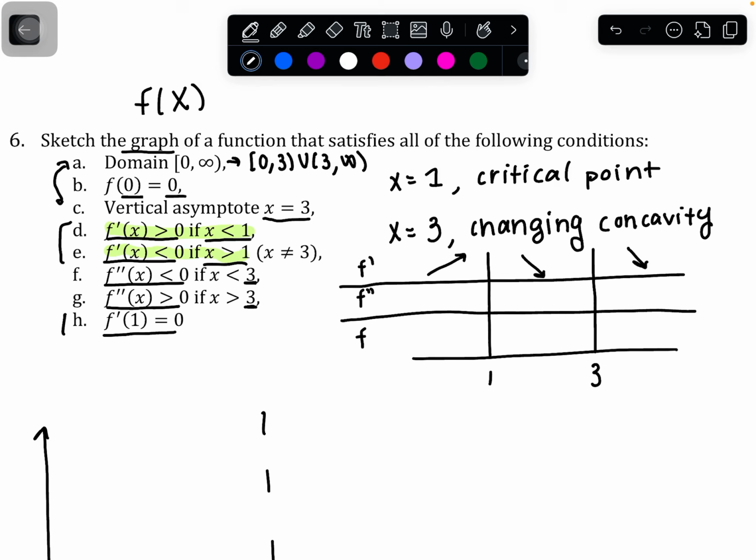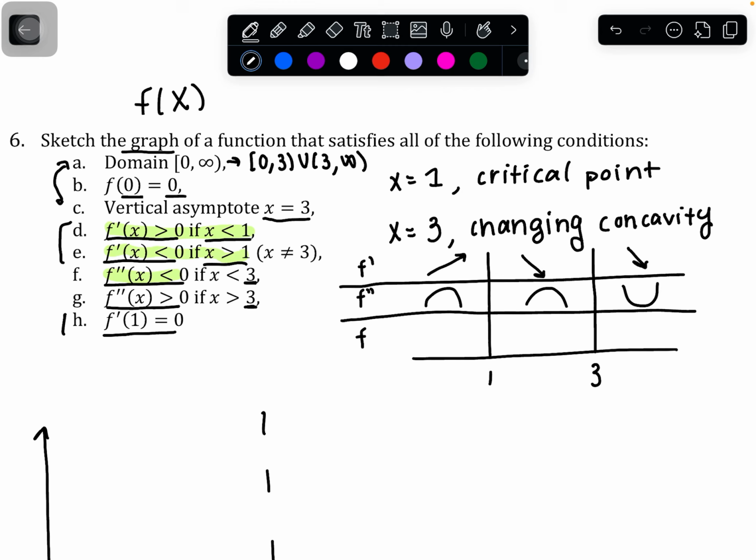Same thing for x equals 3 with the second derivative. So up until 3, it looks like our second derivative is negative. So that looks like we're going to be concave down up until 3. And then once we're greater than 3, our second derivative is positive. So then we have concave up from there.